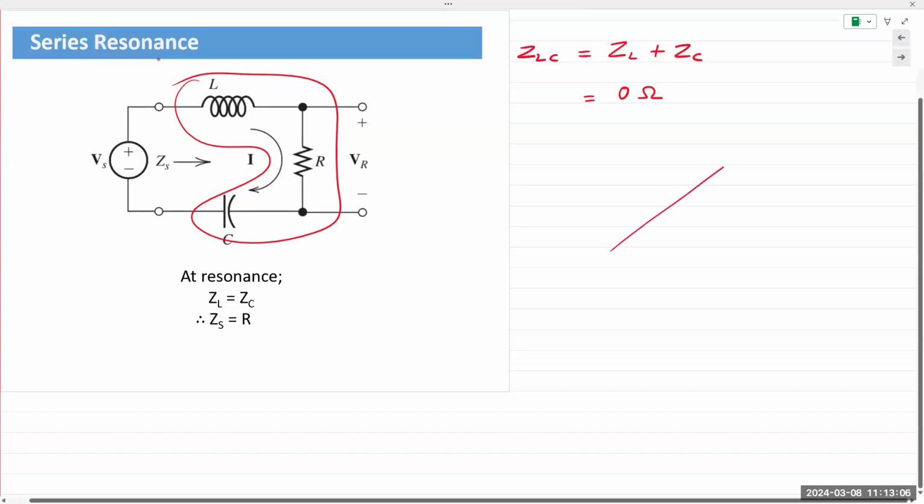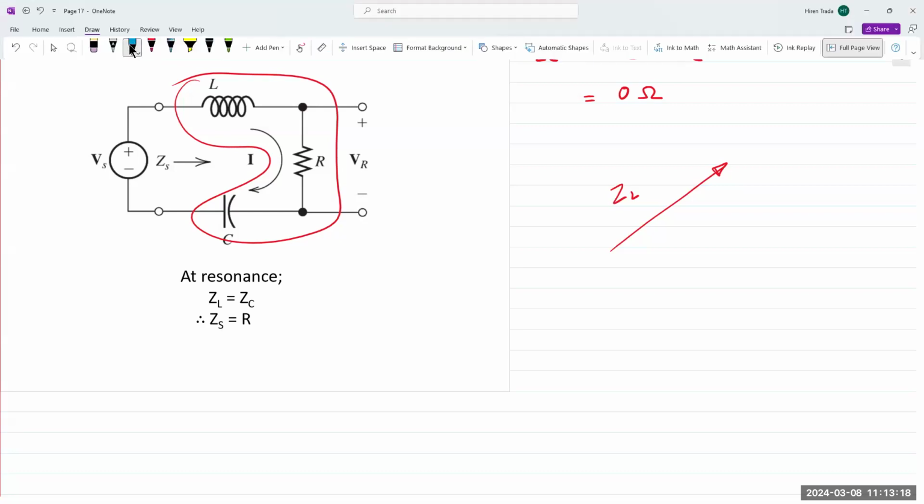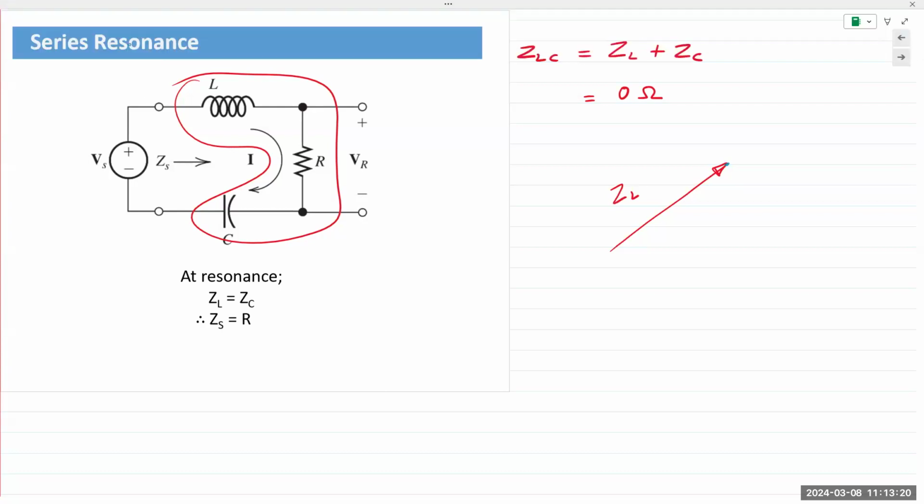So if I was to draw, let's say, the vector for the inductor impedance, ZL, it would be a vector with an angle. And then, because ZC has the same magnitude and length but is opposite in phase, it would come back to that original point.